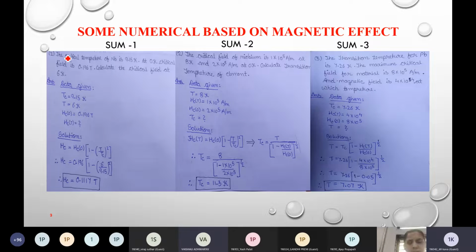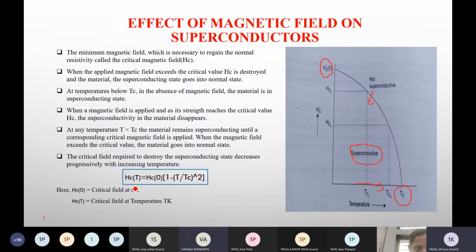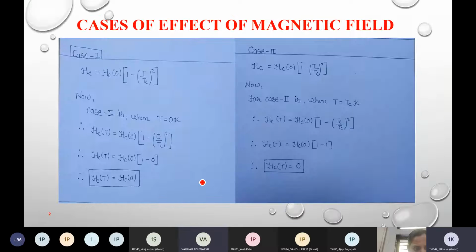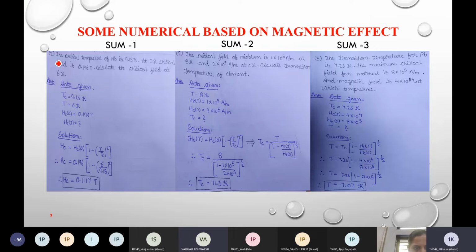Now these are three sums based on the formula, that is Hc of T is equal to Hc of 0 times (1 minus T upon Tc) square. First, the critical temperature of Nb is 9.15 Kelvin. At 0 Kelvin, the critical field is 0.196 T. Calculate the critical field at 6 Kelvin.